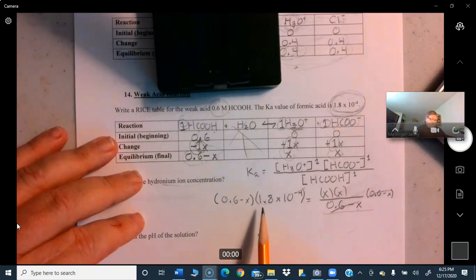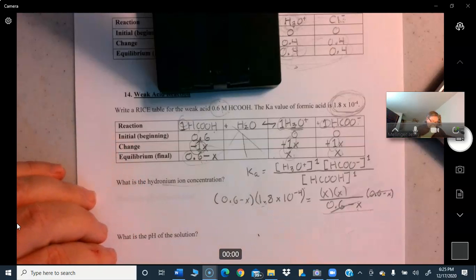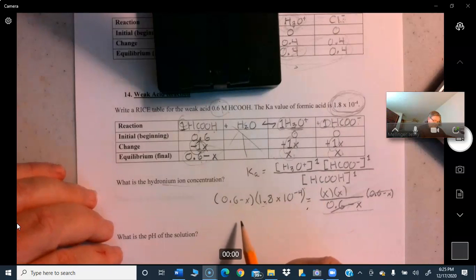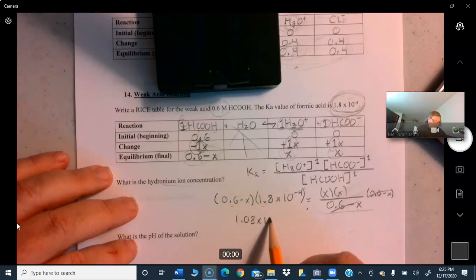And what I end up with over here is 1.08 this times this, and then times 10 to the minus 4, and then negative x times that.